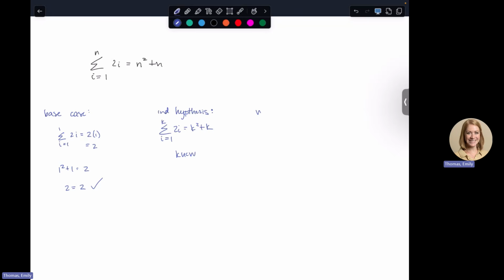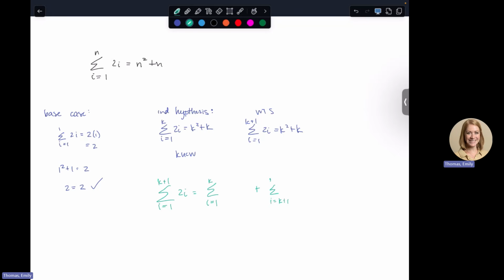And what we want to show is that the summation from i equals 1 to k plus 1 of 2i is (k+1) squared plus (k+1). So I'm going to set that up with i equals 1 to k plus 1 of 2i. This sum is the first k plus 1 terms, so I'm going to split this into the first k terms and the k plus first term.